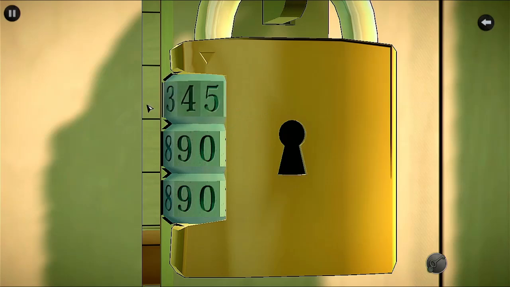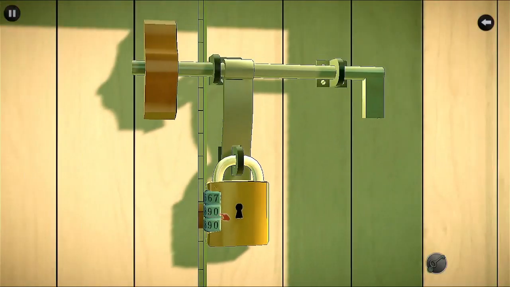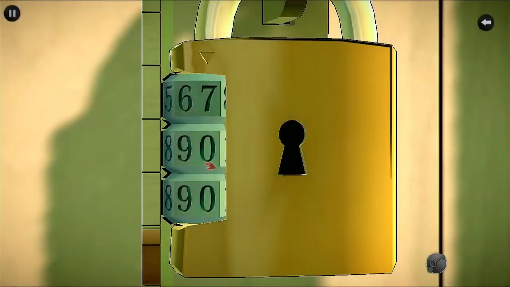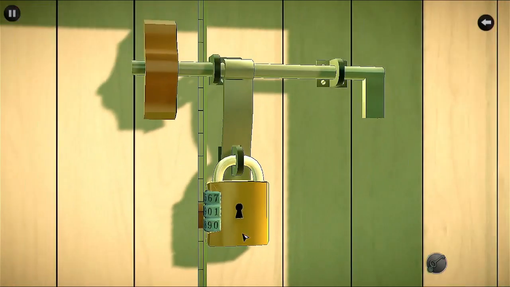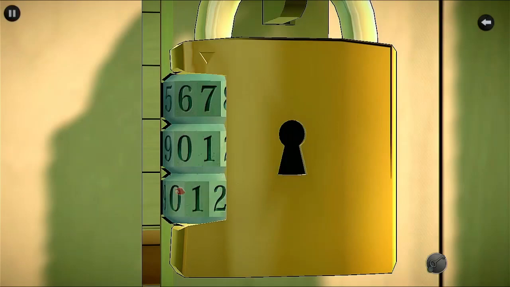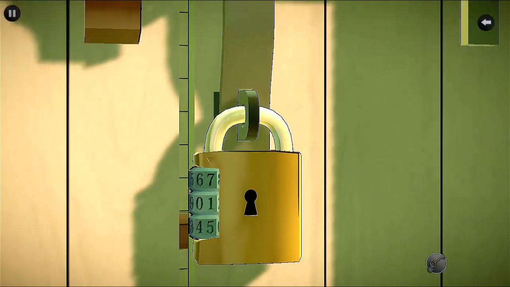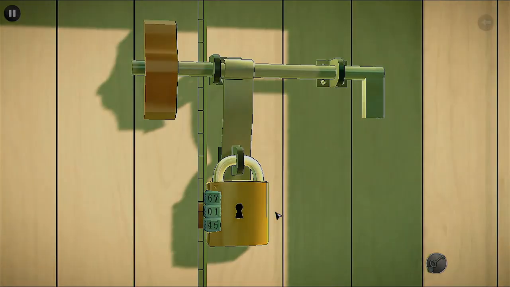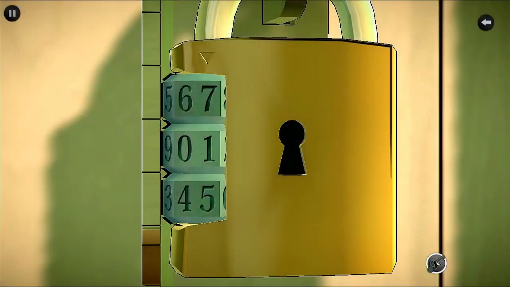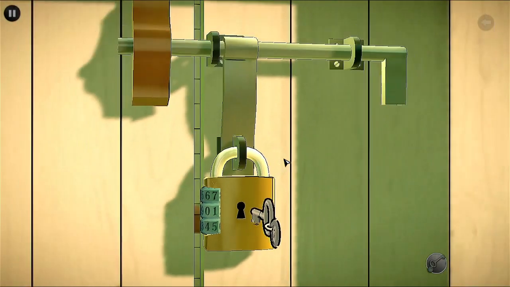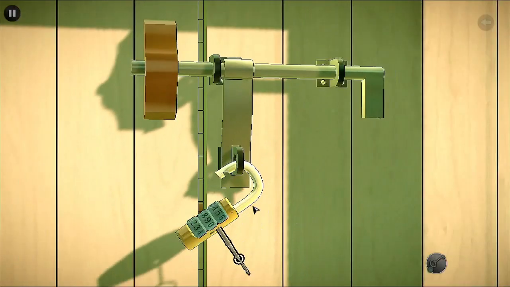Why are you doing this to me? 7. The mouse is too grabby, it's just grabbing onto things. Okay, now I need to put the key in. Key in. Turn the key.